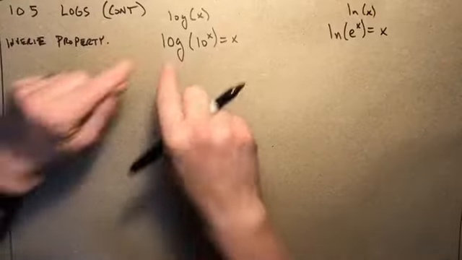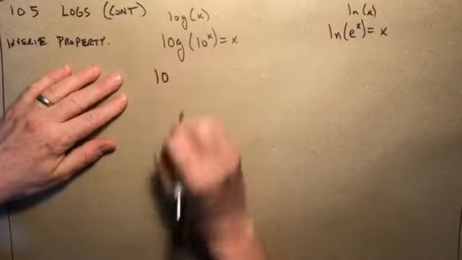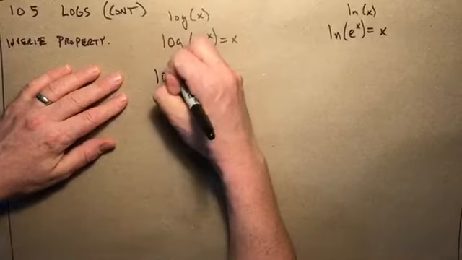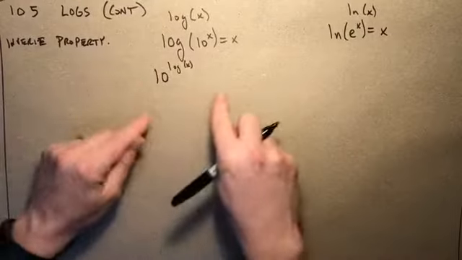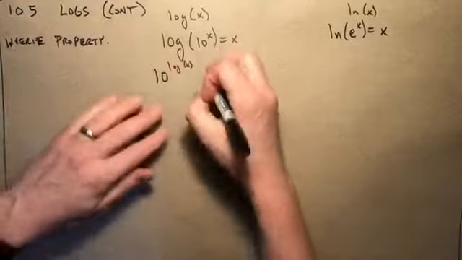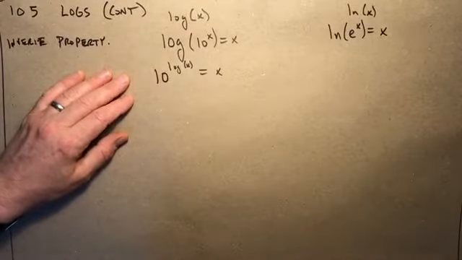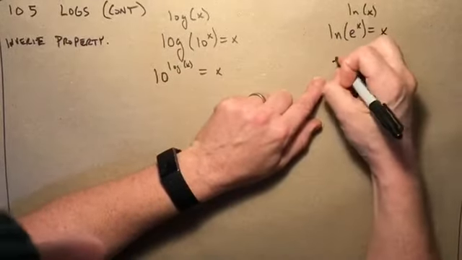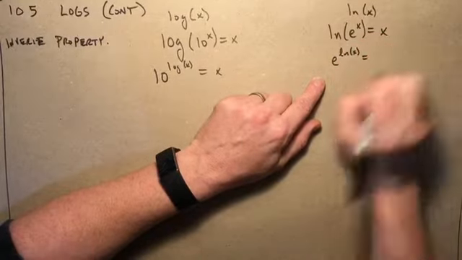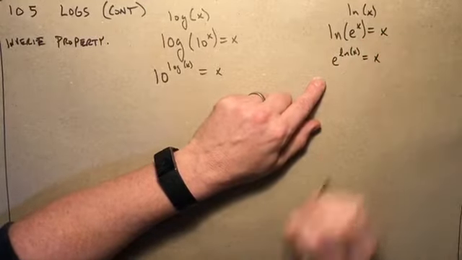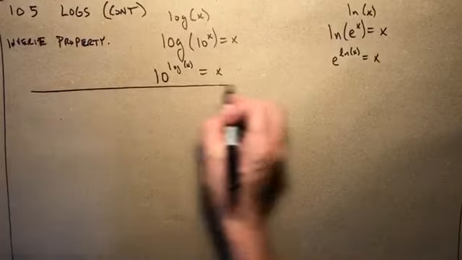Now, this inverse property can go both ways: I can have 10 raised to the log x. I'm composing, now I have the inverse inside the parent function, but murder still occurs, and we're left with x. Similarly here, I can have e raised to the natural log of x, and we get just x back. So those are our inverse properties.